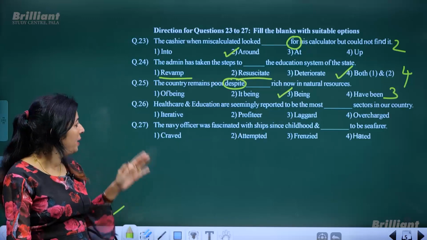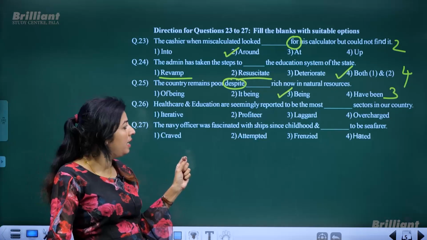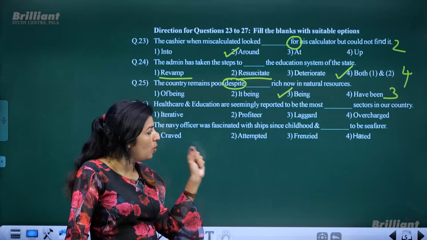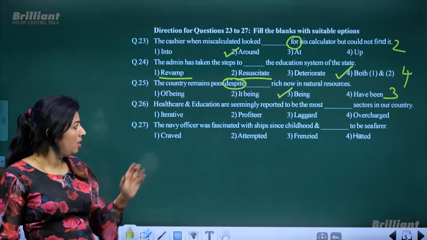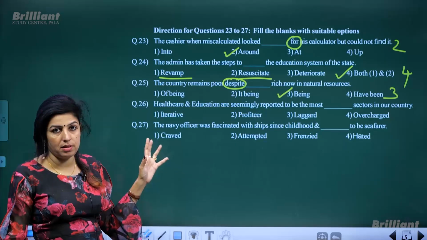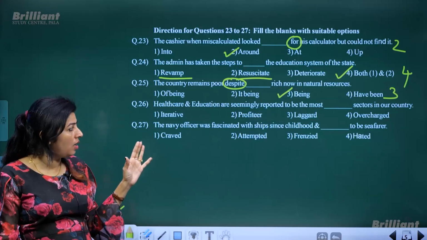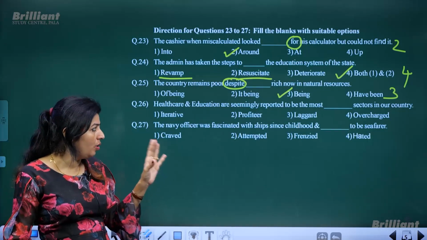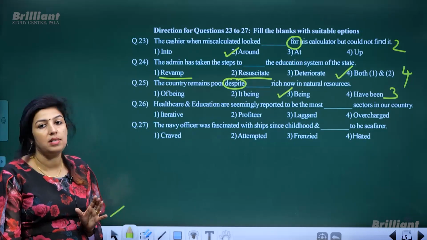The next is: healthcare and education are seemingly reported to be the most dash sectors in our country. Healthcare, hospitals, education institutions, both obviously or seemingly look like or are reported to be the most dash sectors in our country.